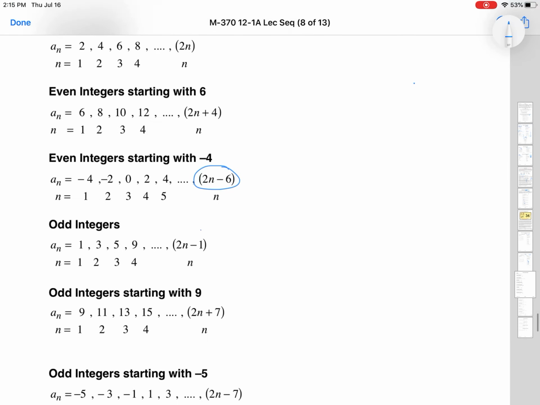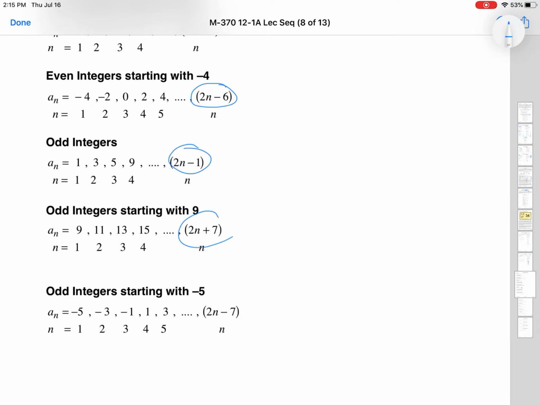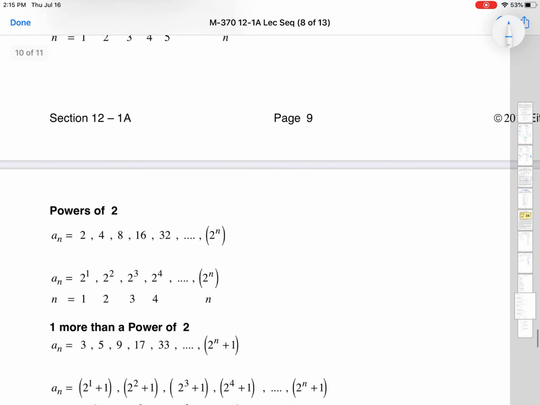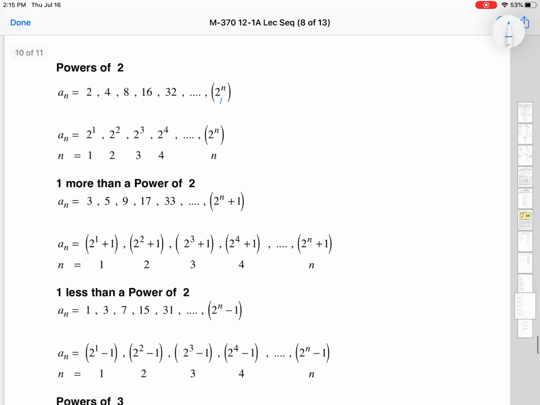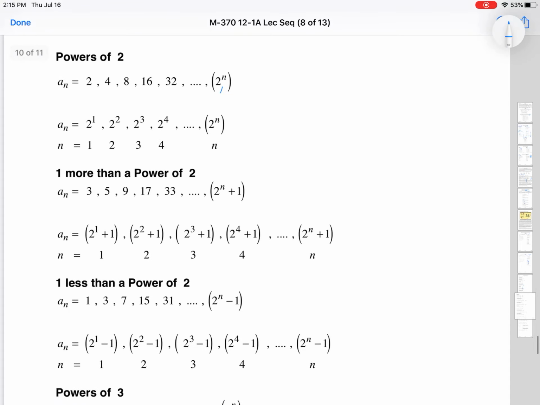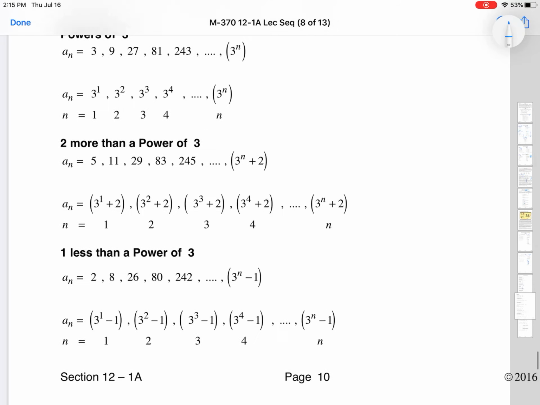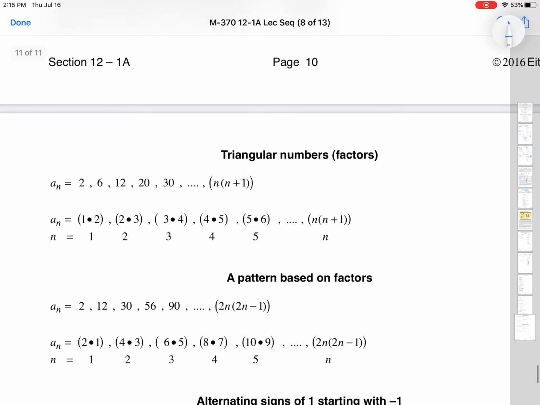Odd integers, 2n minus 1. Odd integers starting with 9, 2n plus 7, and so forth and so on. Powers of 2, obviously 2 to a power coming through. 1 more than a power of 2, 2^n plus 1, 1 less, 2^n minus 1, powers of 3, 2 more, right? Pretty self-explanatory.